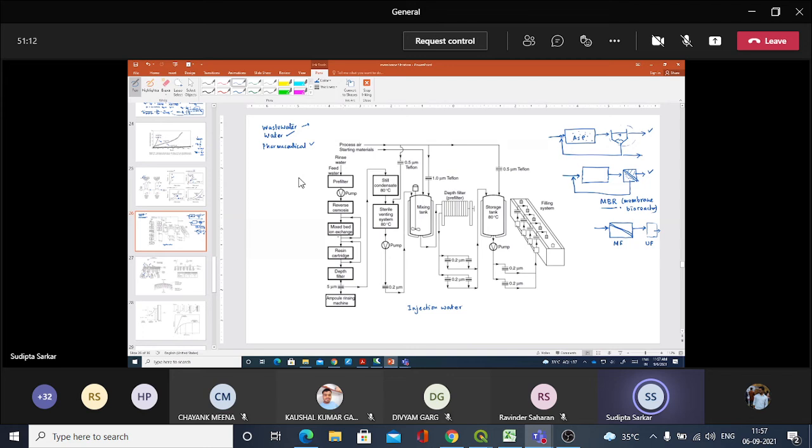You have reverse osmosis, ion exchange, resin based methods, filtration, and then again you can condense it at 80 degrees centigrade, and then you use air.